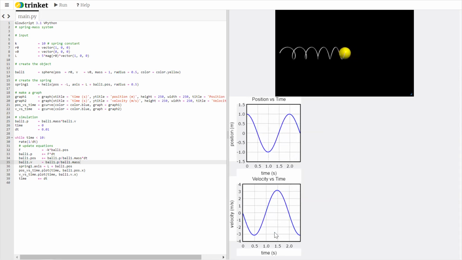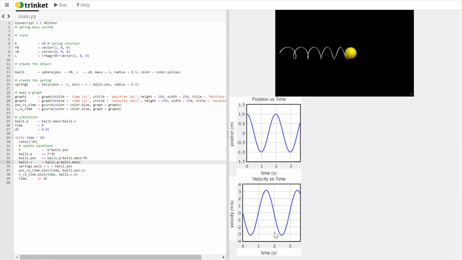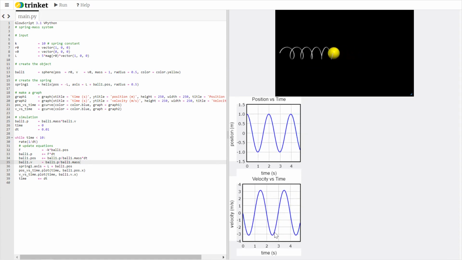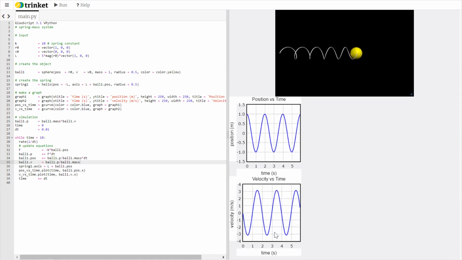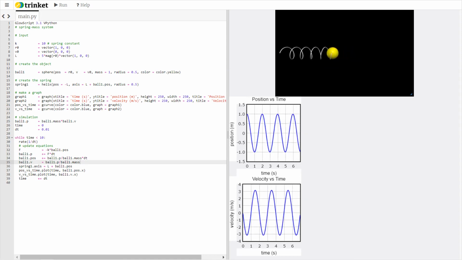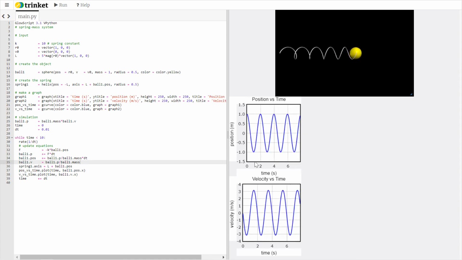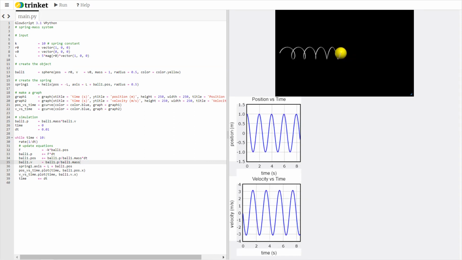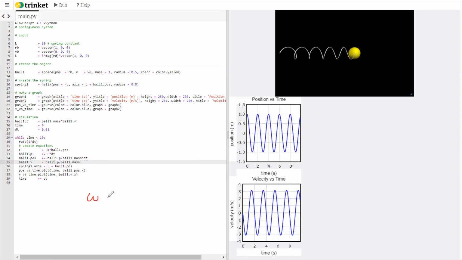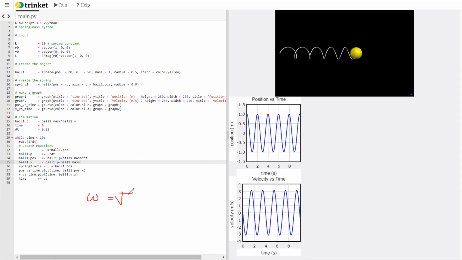So you can see that the function is indeed a negative sine. To verify the value for the frequency omega, this is the square root of k over m. So k is 10 and m is 1.